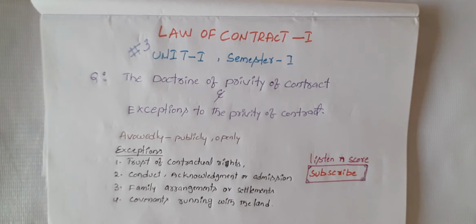Section 2(d): When at the desire of the promisor, the promisee or any other person has done or abstained from doing, or does or abstains from doing, or promises to do or abstain from doing something, such act or abstinence or promise is called a consideration for the promise.